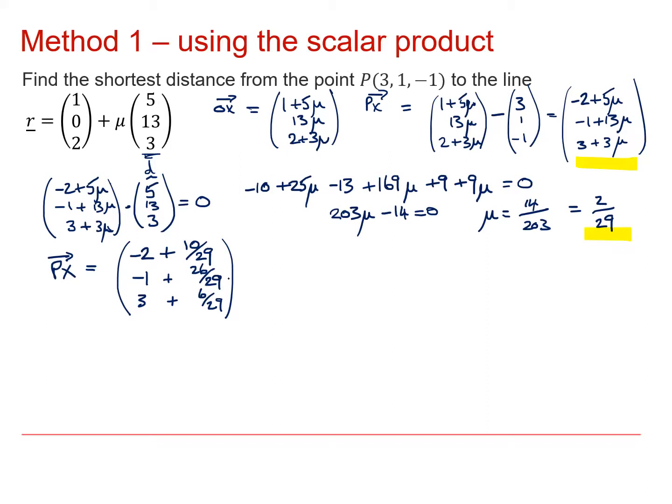And if I take out the 1 over 29, I get left with (minus 48, minus 3, and 93).